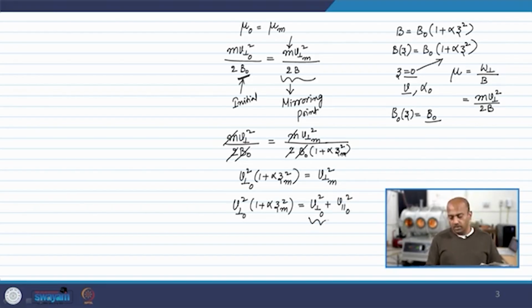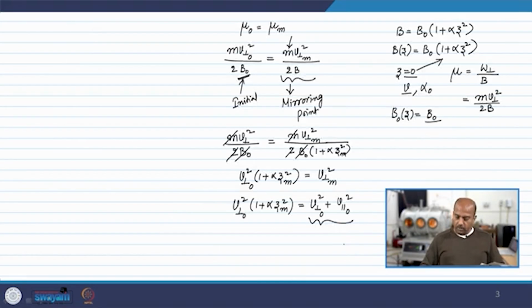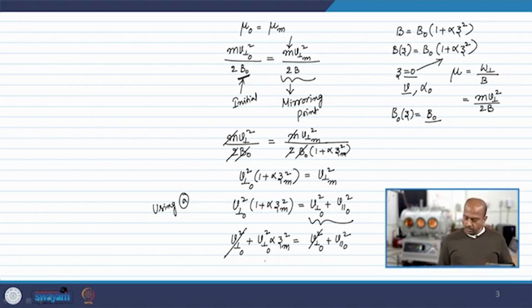If you are wondering how I got this, let us name this expression A, and we write here, using A. Upon expansion, V perpendicular 0 square plus V perpendicular 0 square alpha Zm square is equal to, this gets cancelled, and as a result what we have is V perpendicular 0 square alpha Z square is V parallel 0 square.